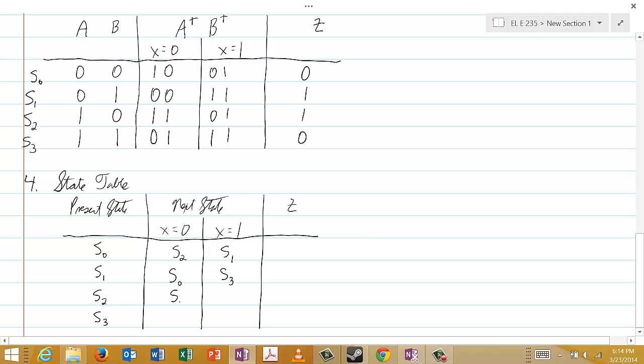We'll have S3, S1, S1, S3, and the output is the same, 0, 1, 1, 0. And that gives us the state table for this sequential circuit.